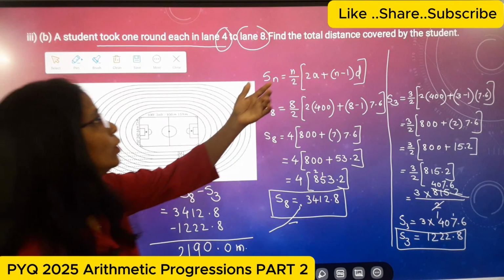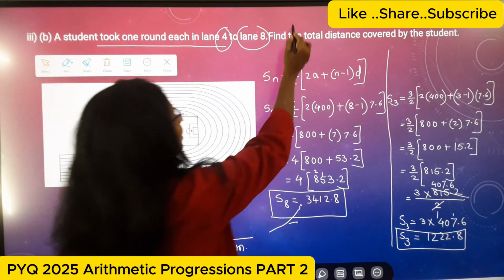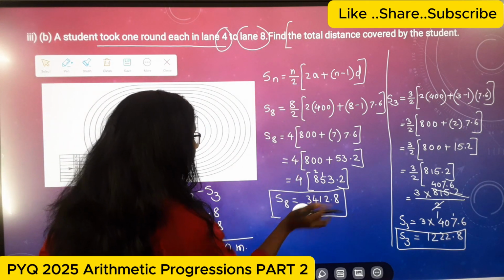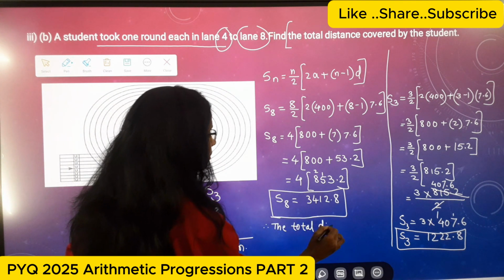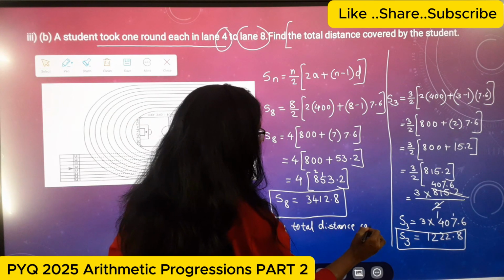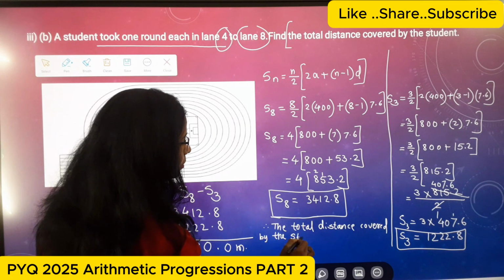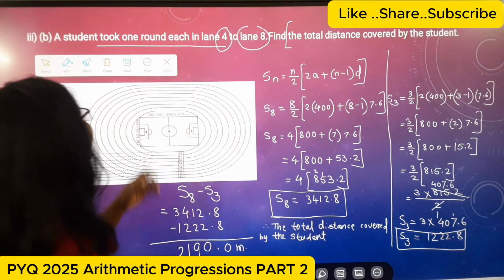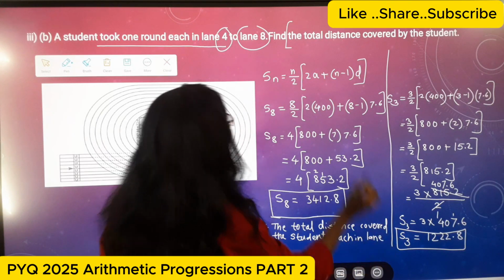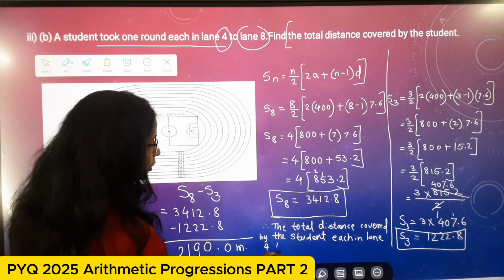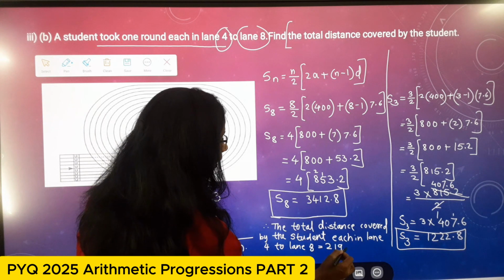Therefore the total distance covered by the student, taking one round each in lane 4 to lane 8, is equal to 2190 meter.